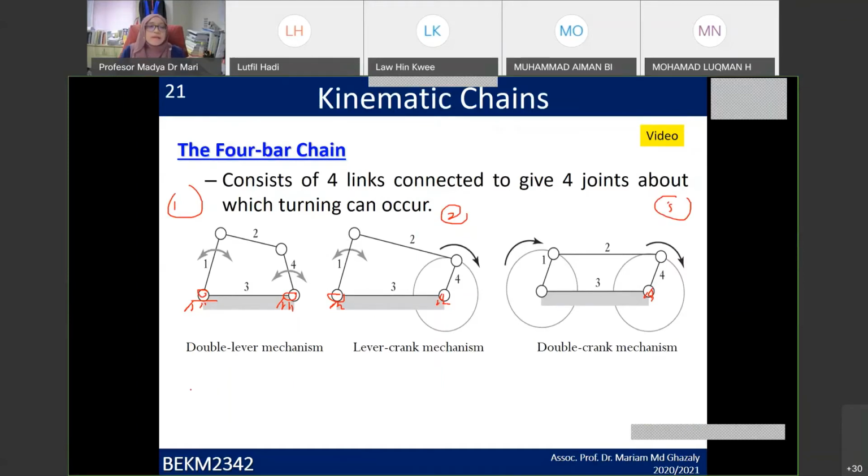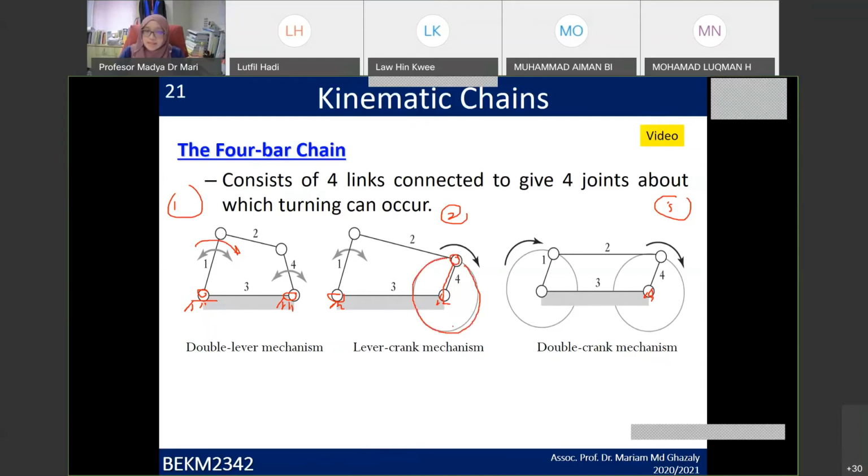For this first one, it is going to transfer rotation from rotary to rotary, right? So this one is going to be fixed and it's going to rotate about this axis. For the lever crank mechanism, this link over here is connected to this joint and is connected to a crankshaft.